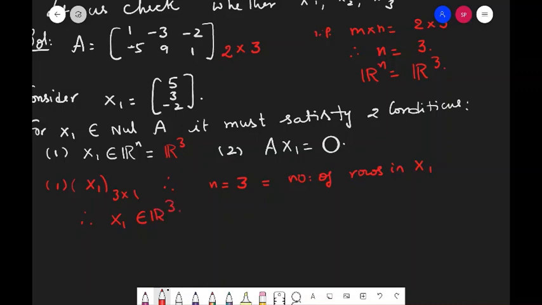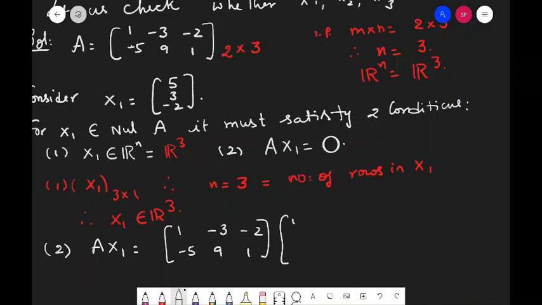Now let us look at the second condition. Ax1 is equal to A, that is 1, minus 3, minus 2; minus 5, 9, 1, into x1, which is 5, 3, minus 2.